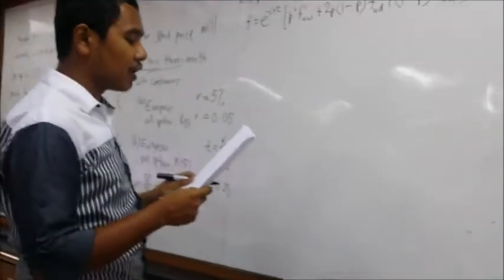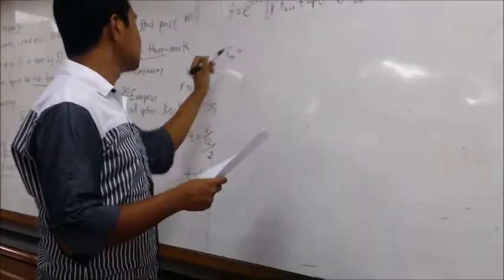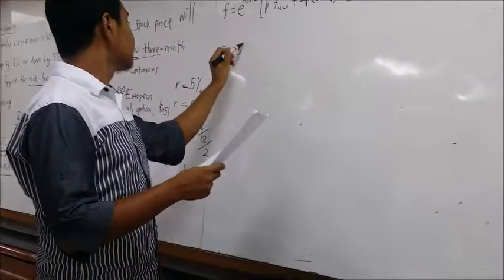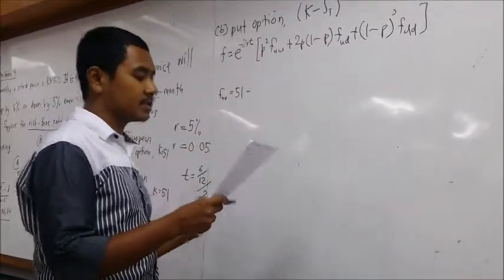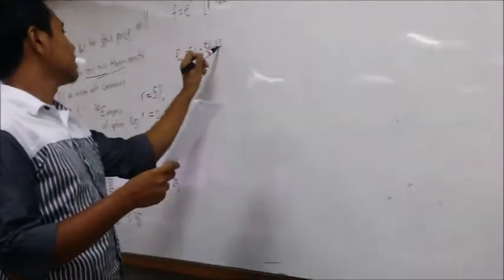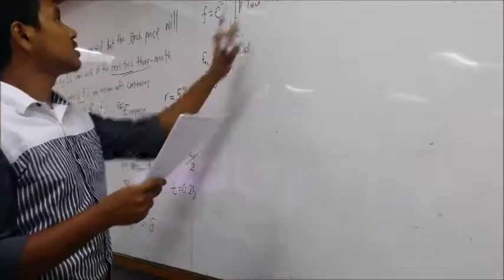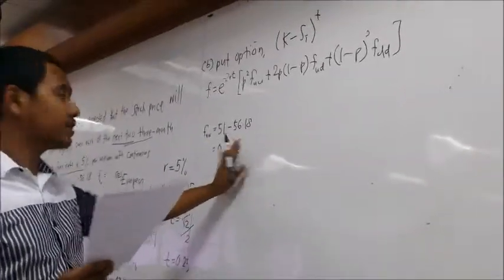For the put option, our FUU is 51 minus 56.18. We got 0 because we just take the positive value, but this is the negative value.